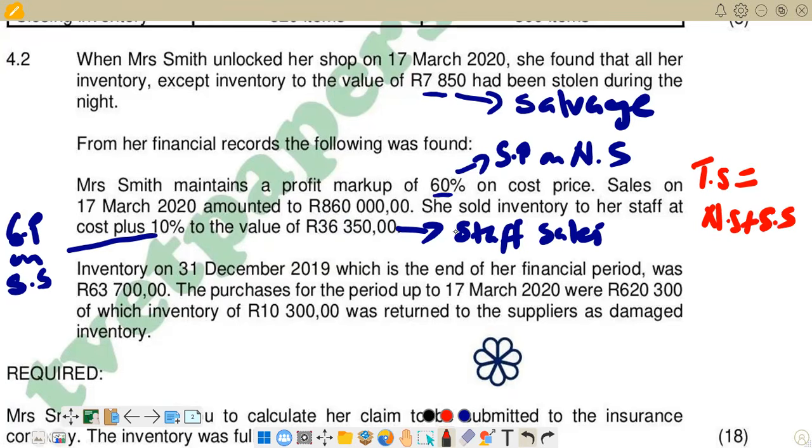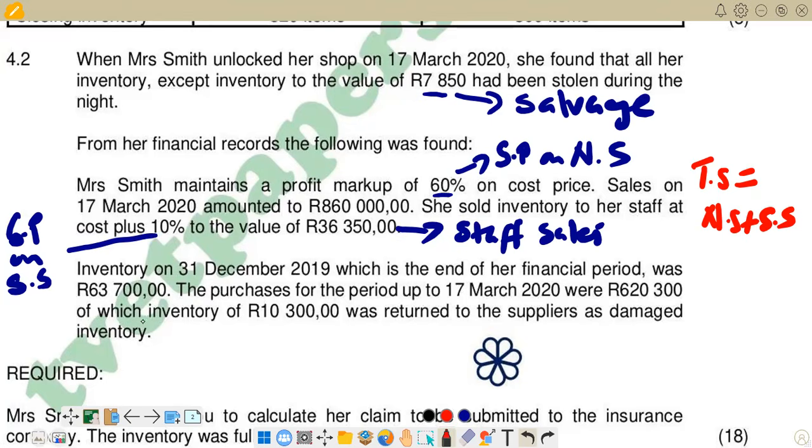And also the gross profit that we are going to get will consist of gross profit on normal sales plus gross profit on staff sales. So that's what we are going to have.